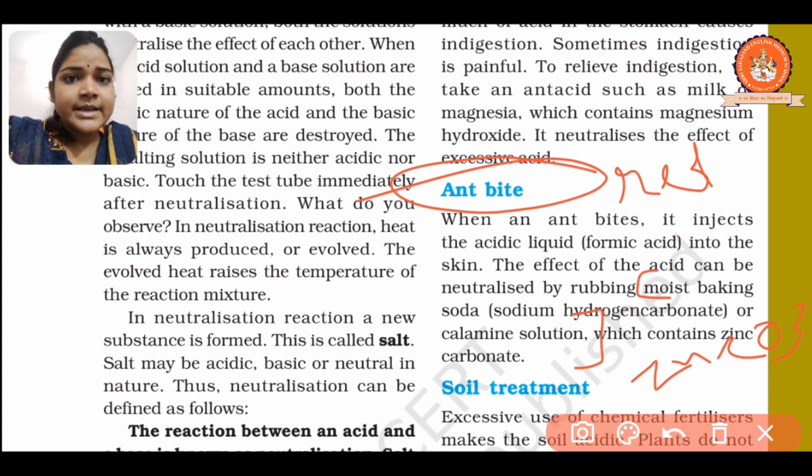These are basic substances, so they neutralize the effect of the acid, and we get relief from the pain due to the red ant bite.